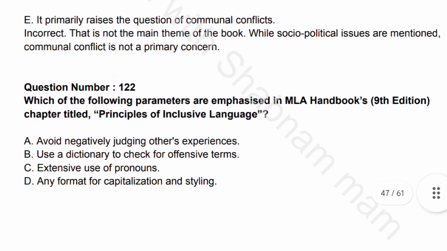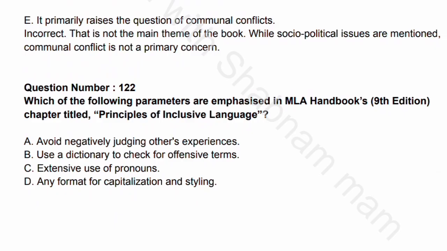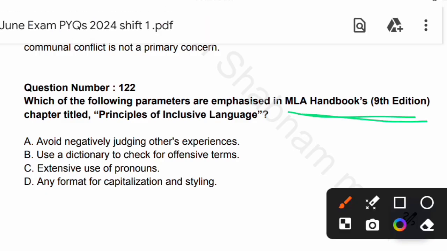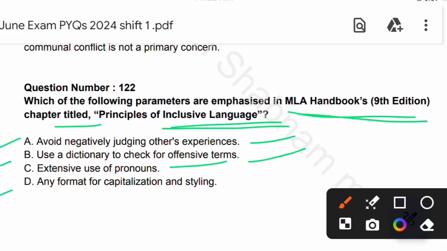Next question you have. Which of the following parameters are emphasized in the MLA Handbook's 9th edition chapter titled Principles of Inclusive Language? Option A, avoid negatively judging others' experience. Option B, use a dictionary to check for offensive terms. Option C, extensive use of pronouns. And option D, any format for capitalization and styling.